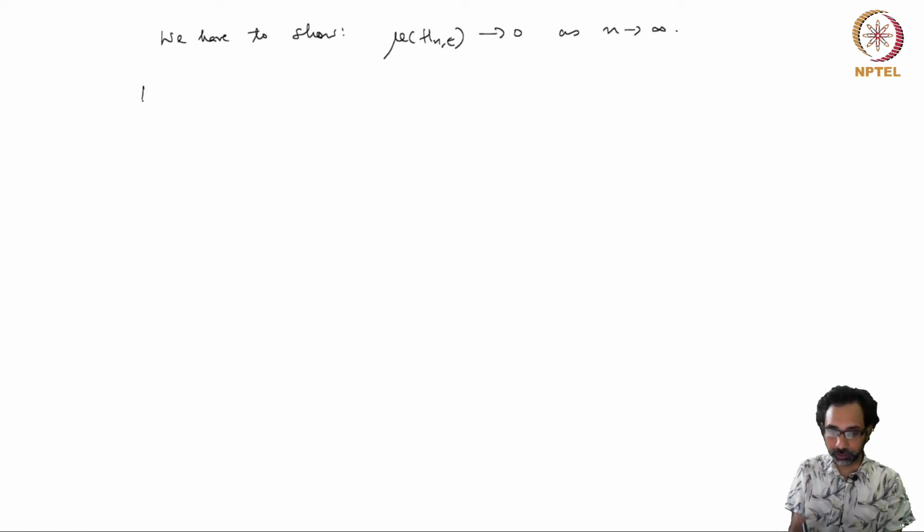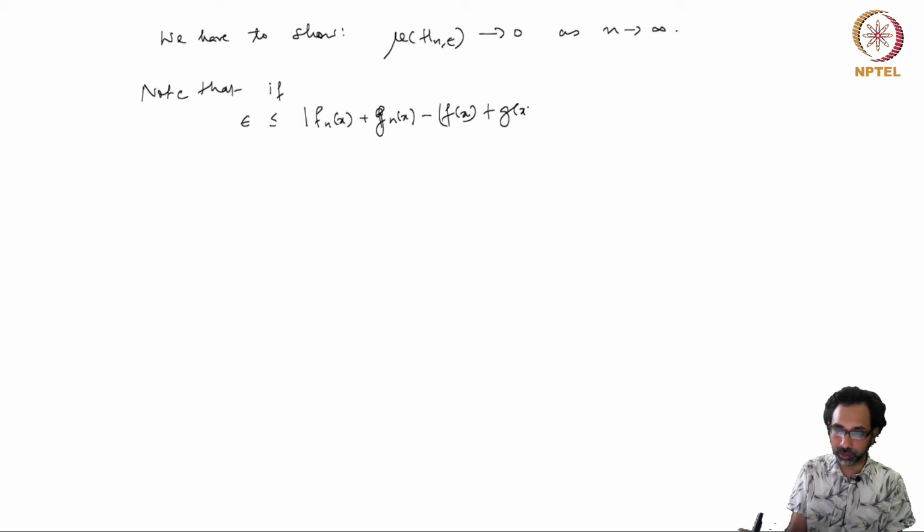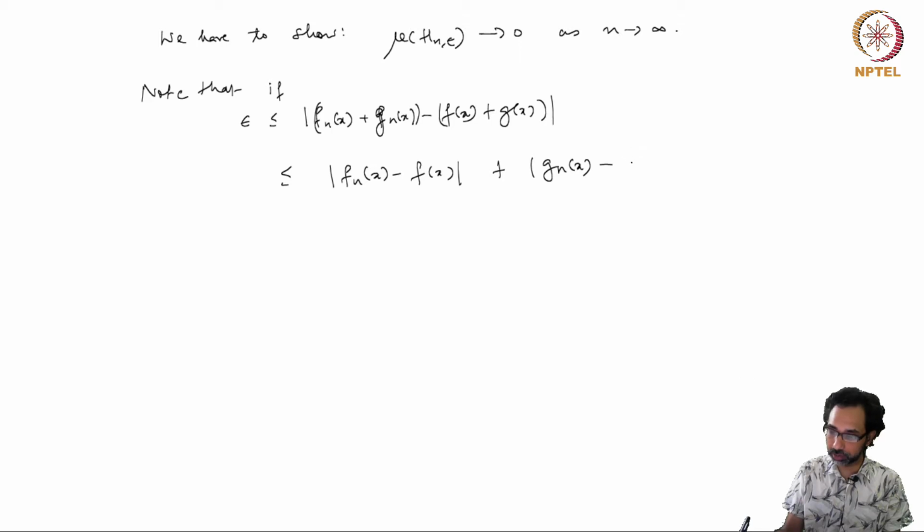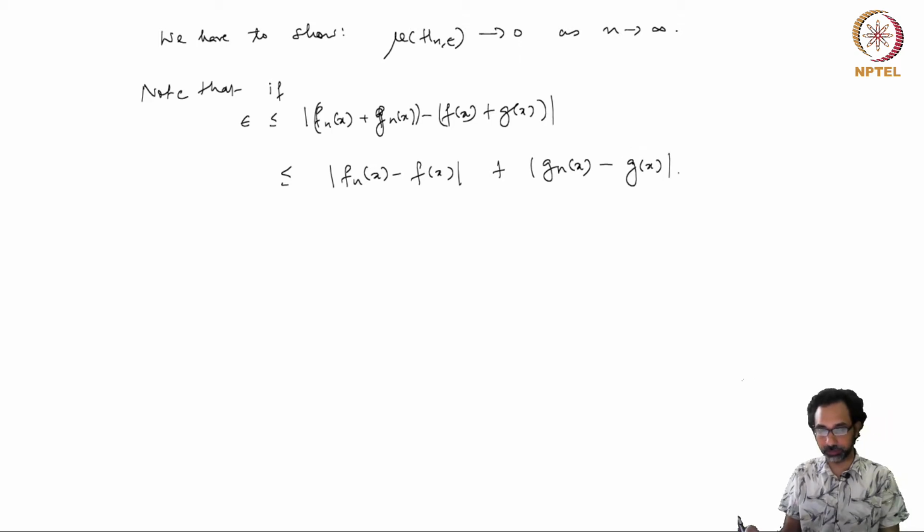So now note that if epsilon is less than or equal to modulus of Fn(x) plus Gn(x) minus (F(x) plus G(x)), then by the usual triangle inequality we can write this as less than or equal to modulus of Fn(x) minus F(x) plus modulus of Gn(x) minus G(x).